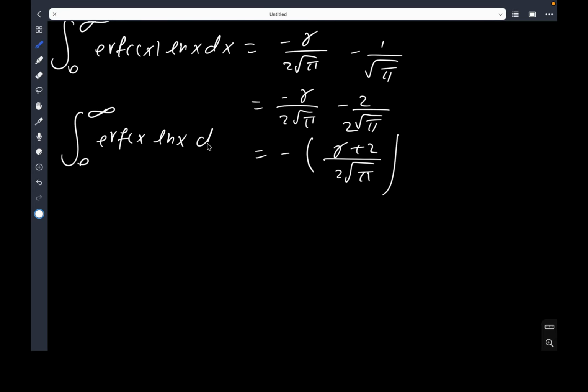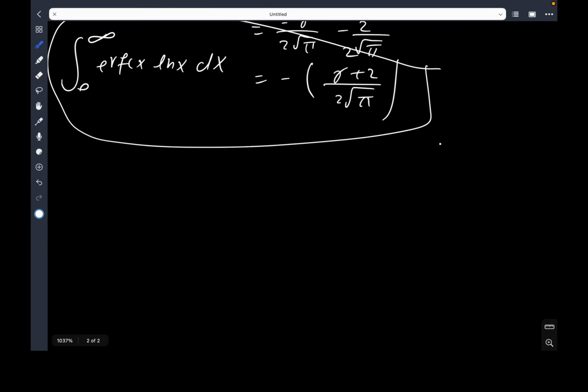That is the final form of this integral that we had gotten.